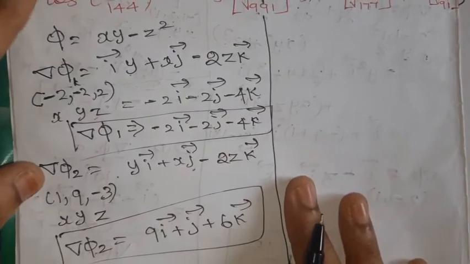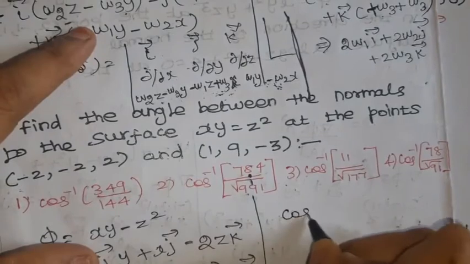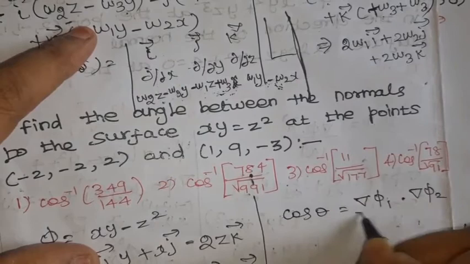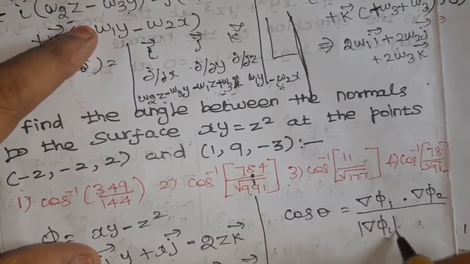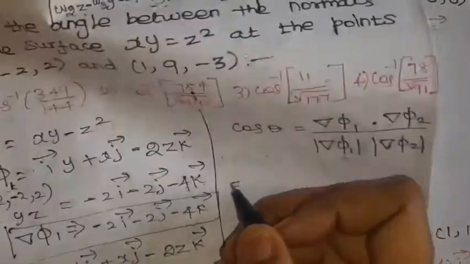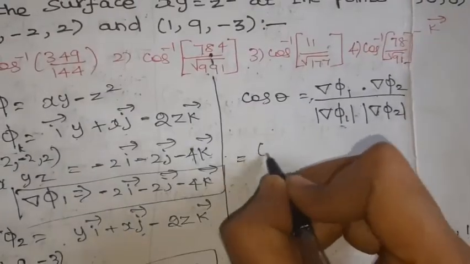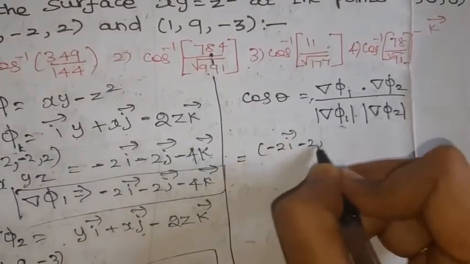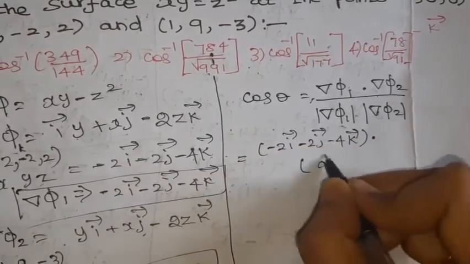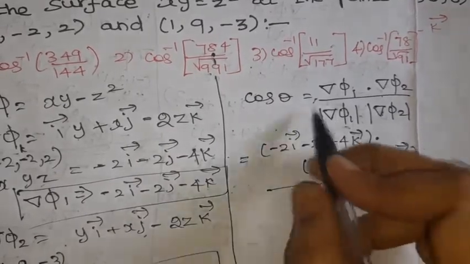Next, what are we going to find? The angle. What is the formula? Cos theta is equal to del phi 1 dot del phi 2 divided by modulus del phi 1 modulus del phi 2. So do the dot product in the numerator: minus 2i minus 2j minus 4k dot 9i plus j plus 6k, divided by modulus of del phi 1.